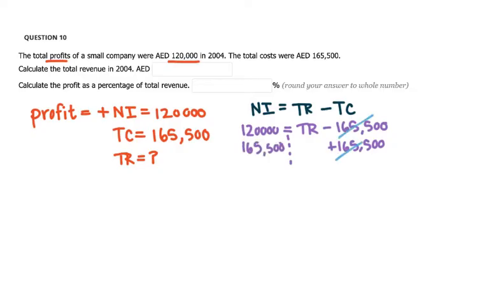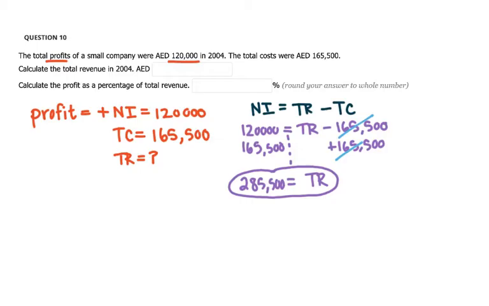That way, we'll have just the total revenue left over on the right, and we find that it equals 285,500. That was the amount we must have collected from sales. We then paid our costs of 165,500, and we were left with a profit of 120,000.